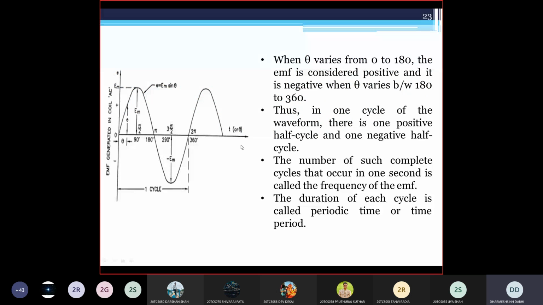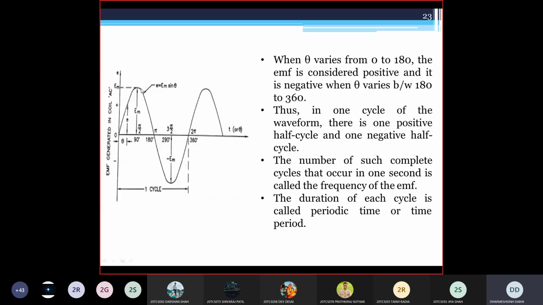We already discussed how the AC waveform changes with respect to angle. Clear? Starting from the 0 reference point, at omega t equal to 0, or angle theta equal to 0, the value of the sine wave is 0. As you increase the angle from 0 to 90 degrees, the value increases, and at 90 degrees it becomes maximum.